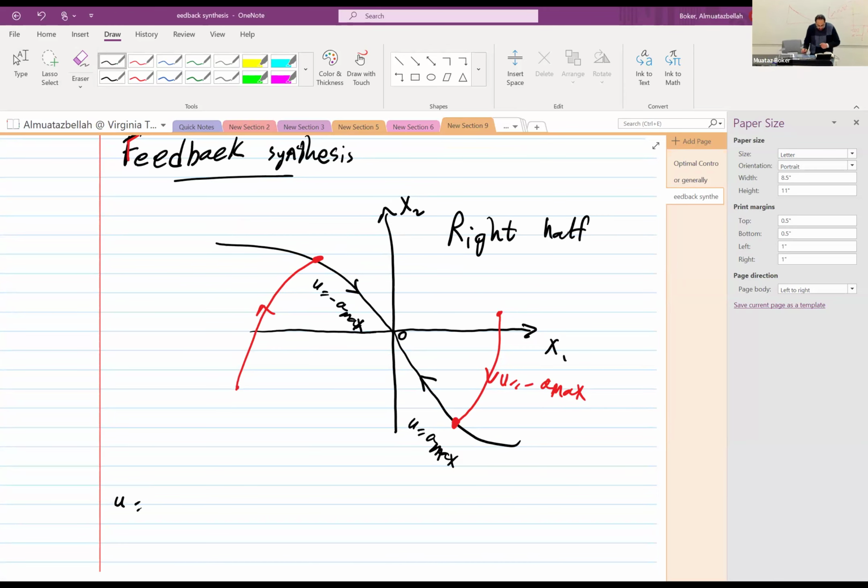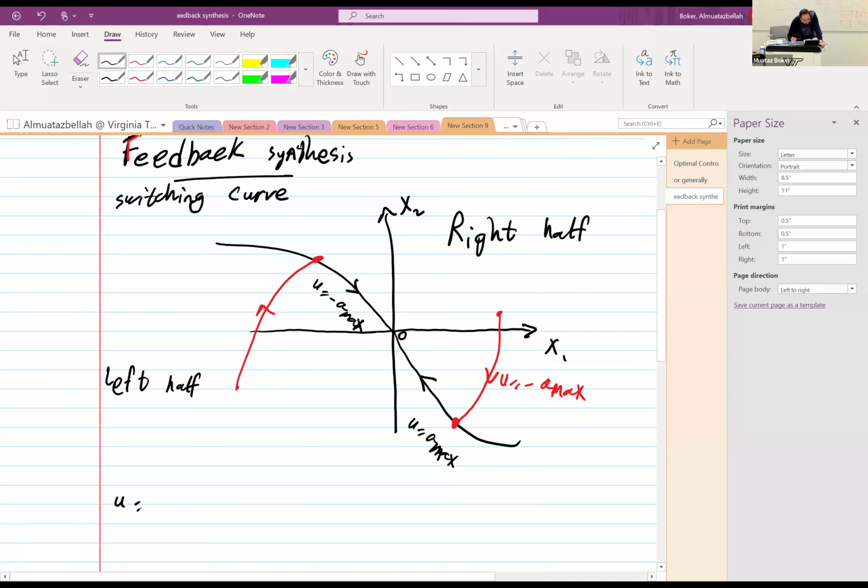This is a reference to the arc, so I'm introducing the terminology arc. This is a switching curve. We call this a switching curve. And this is the left half. This black here is the left arc, and this black here is the right arc.